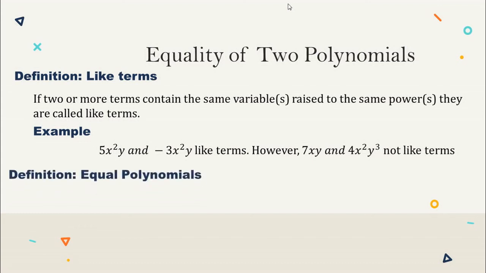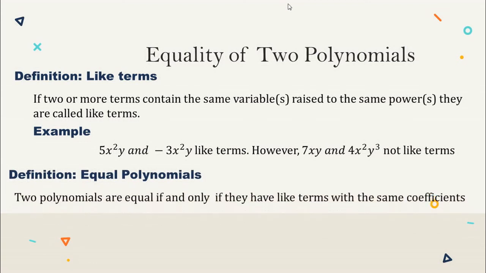How about equal polynomials? From the definition, two polynomials are equal if and only if they have like terms with the same coefficient. Like I said before, like terms means the same variables but not necessarily the same coefficient.